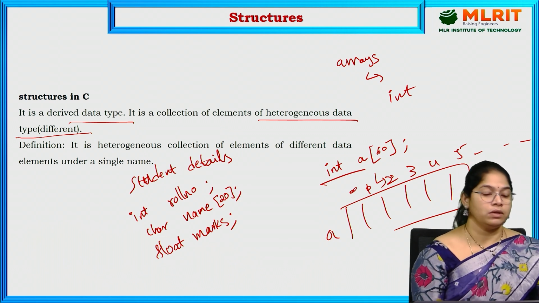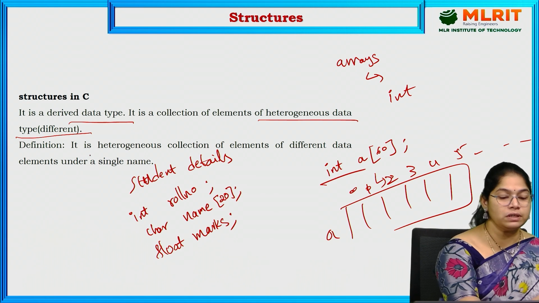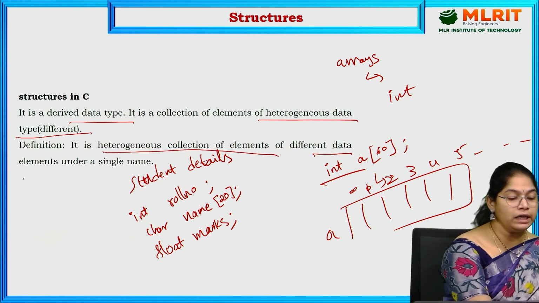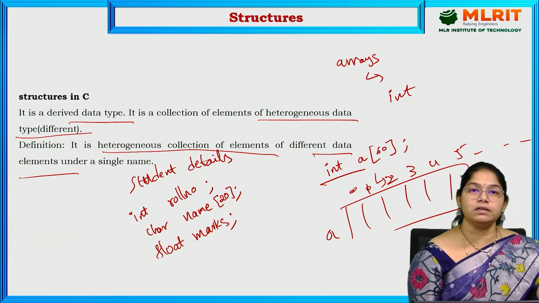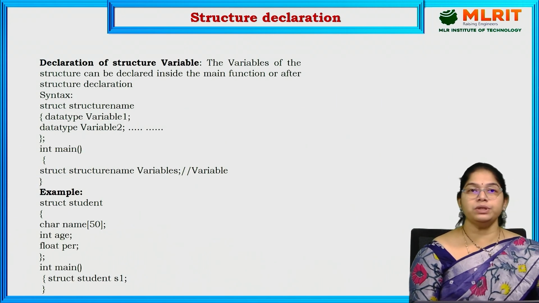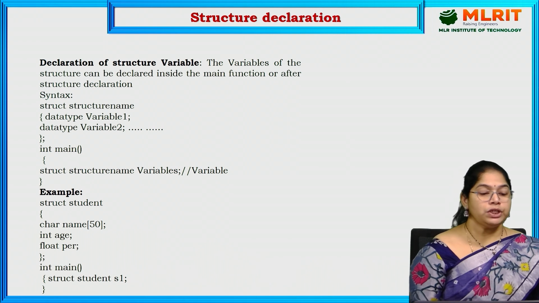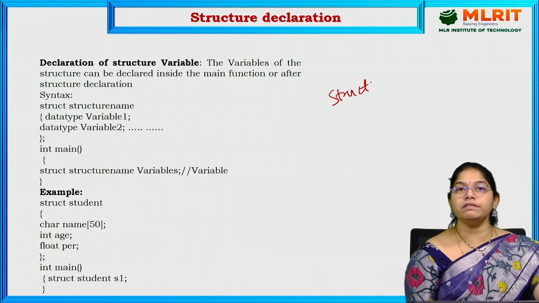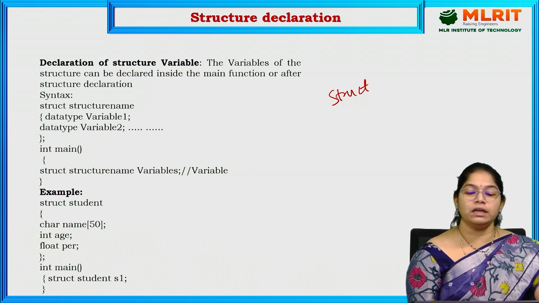in C. So the definition of a structure is: it is a heterogeneous collection of elements of different data types under a single name. Then how to declare a structure? Using the keyword struct. Struct is a keyword which is used to declare a structure.